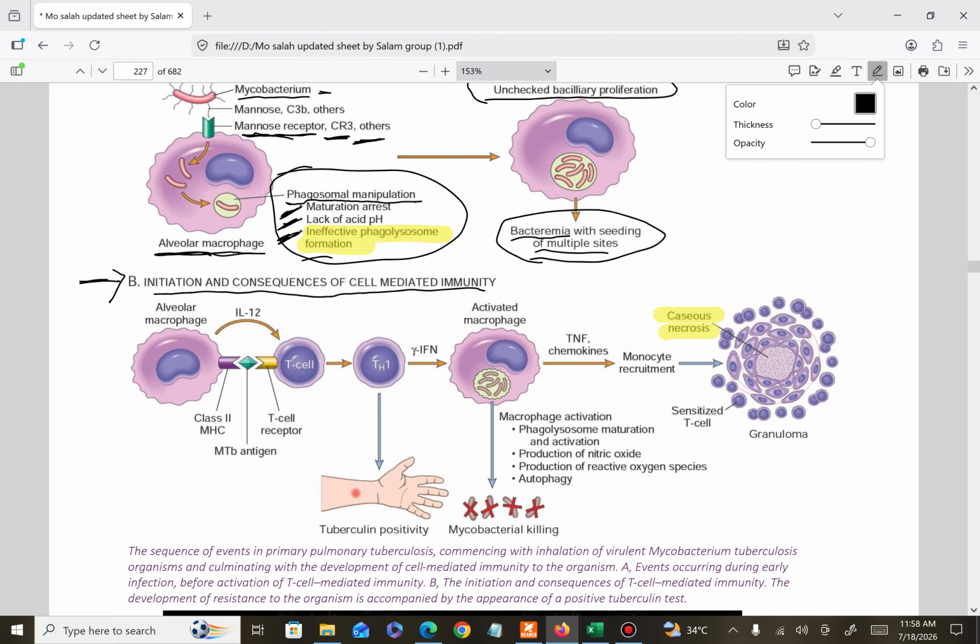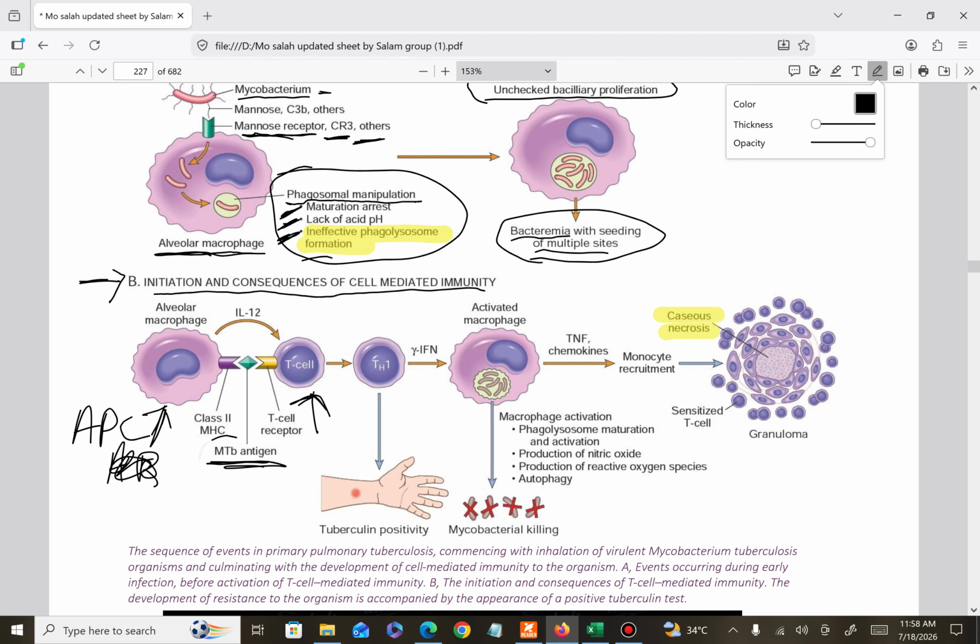So this is the alveolar macrophage. It is basically the antigen presenting cell, APC. It presents the mycobacterium antigen to the T lymphocytes, the T cells.